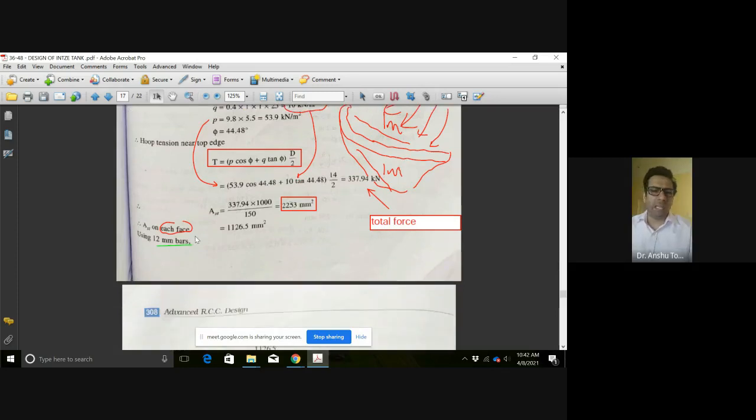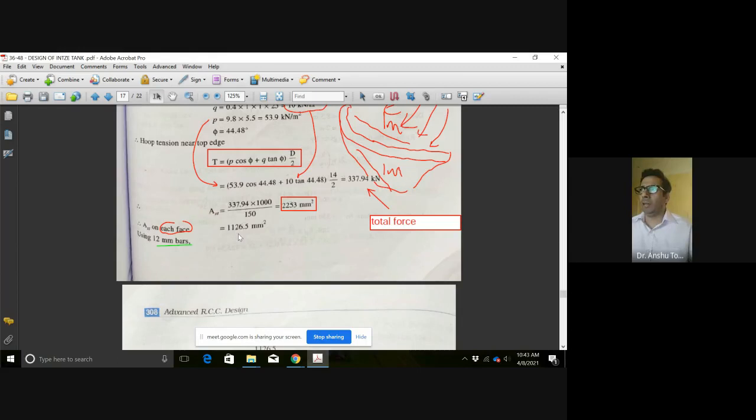And we can easily provide 12 mm dia bars, making the total reinforcement half on each face. So half on each face means 1126.5 mm square. Now if you are using 12 mm dia bar, 12 mm means approximately 110 or 105 mm square for each bar.